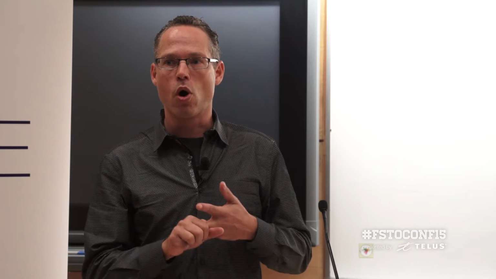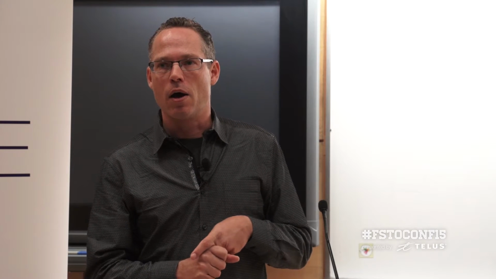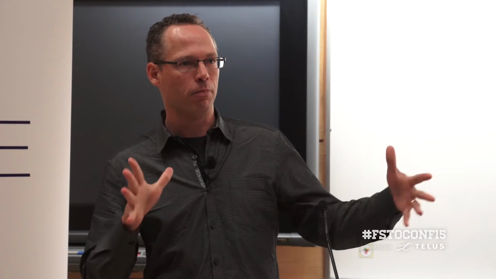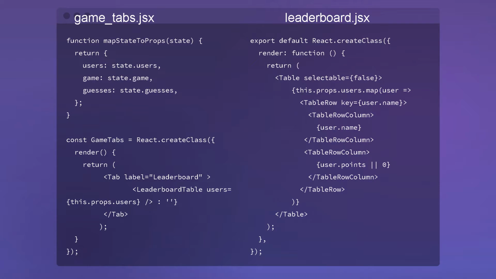And now below that, you can see a little bit of the actual render. The core function of a React component is to actually render some HTML that'll be built into my page. In this case, I'm using some material UI components. I've got some tabs. I'm rendering a leaderboard. And then you can see the leaderboard component over on the other side.